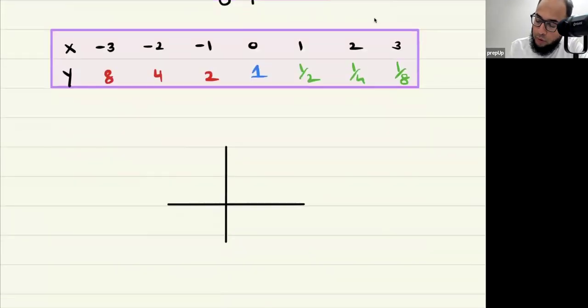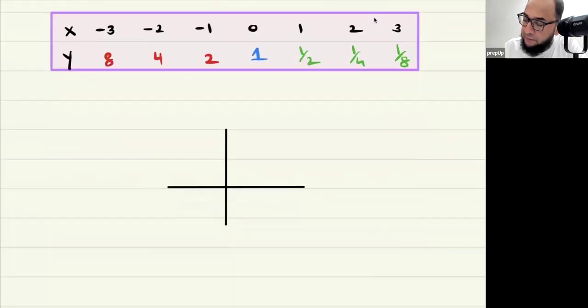So now, instead of plotting, let me just go ahead and draw the graph. The graph would be something like this. So now these y values would be like that. So therefore negative 3 would be like this, and negative 2 would be like this, and this one would be like this.